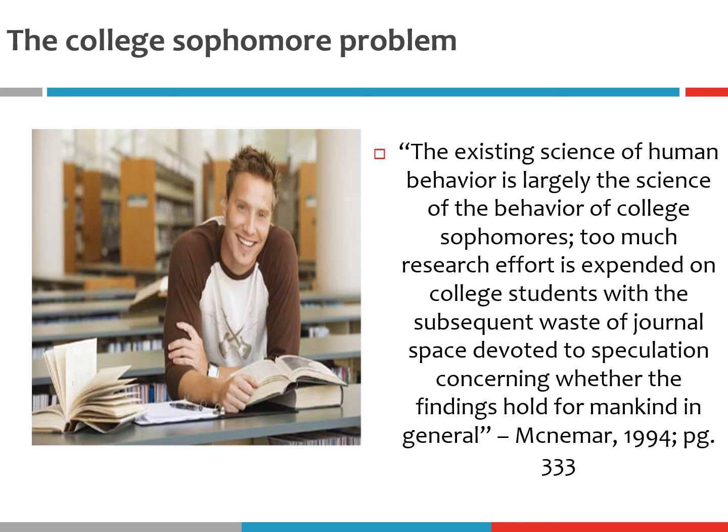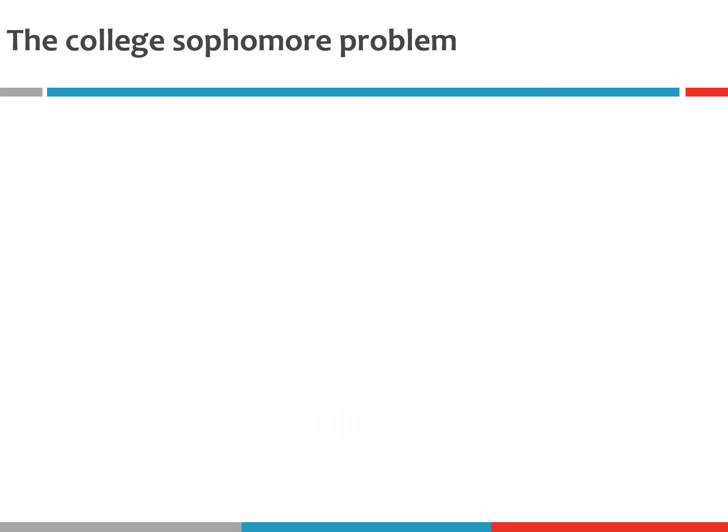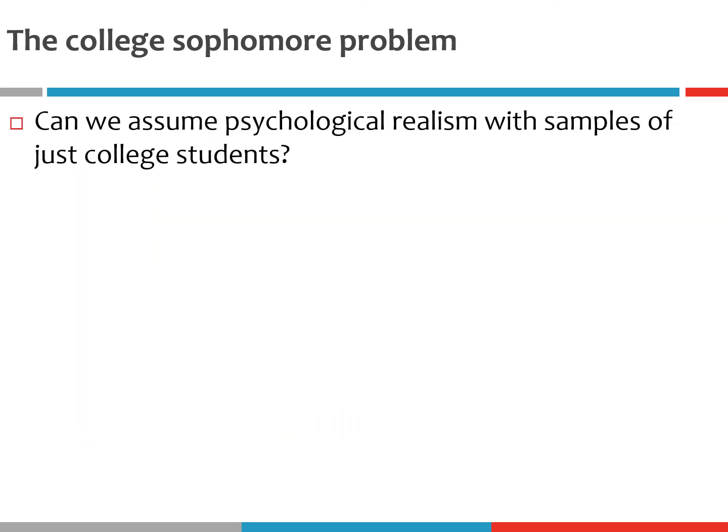Okay, and another study found that research published in the 6 best journals of the American Psychological Association, again, tended to use mostly American students, particularly those of European descent. Right? So what does that mean? Well, can we assume psychological realism with samples of just college students? Or are we relying on samples of Western, educated, industrialized, rich, democratic people, right?